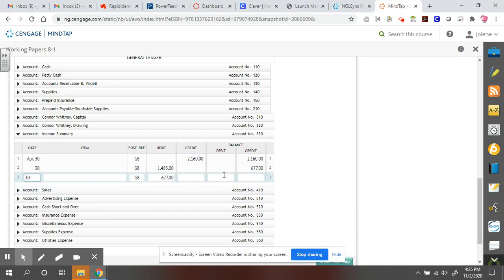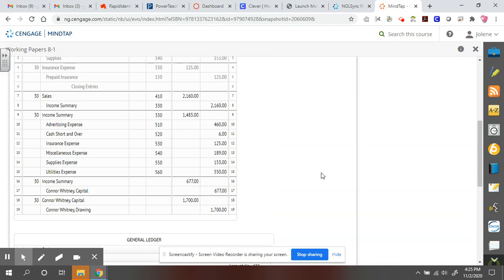Debit, credit cannot add together. They're oil and water. So we have a zero balance. We have now closed out the income summary for the month. That was account number 330. Put the 330 in there. Show that we have posted that.